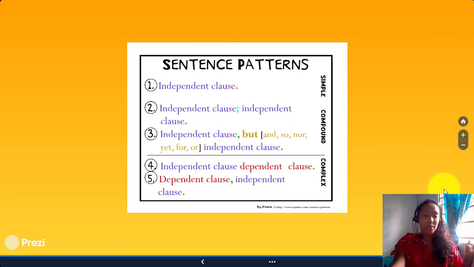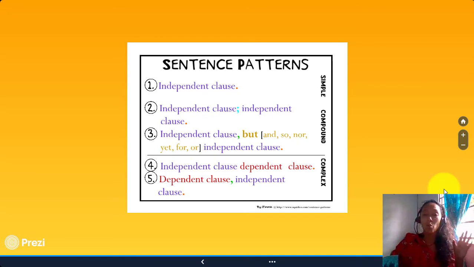That's it for types of sentences. Simple sentence, remember, one idea, one thought. Compound sentence, two simple sentences being put together using a comma and a coordinating conjunction such as and, but, or, so, yet. And now for today, we looked at complex sentences.